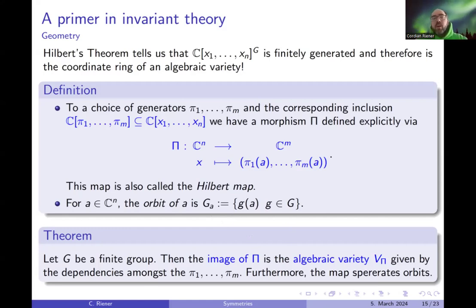So this map is constant on group orbits, but moreover, it actually separates group orbits. That means that also going back, if I have two different values in my image, I will come from two different orbits, not only from two different points. I cannot always say the latter, but I can say it for two different orbits. Okay?